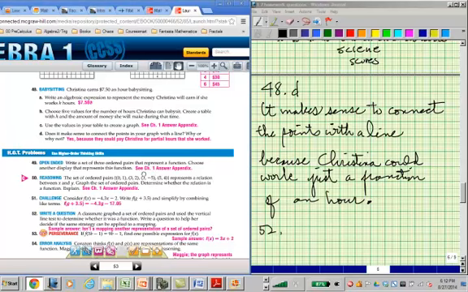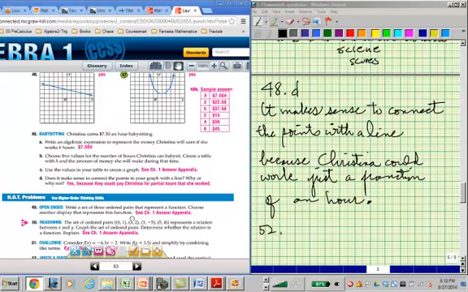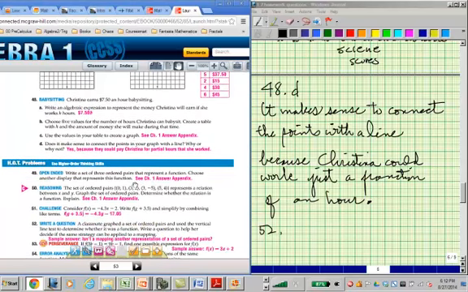Well, it makes sense to connect the points with the line because Christina could work just a fraction of an hour. Okay, like riding in a taxi. I think it's in tenths or something like that. I mean, it's not continuous. She's not going to work a millionth of an hour or a billionth or a trillionth, which is what you really have with a continuous line.